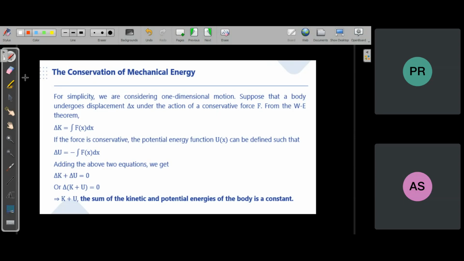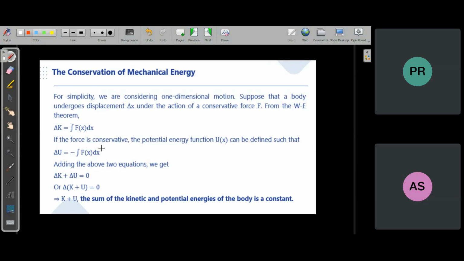That is what you have to understand first. It is conserved only in that situation in which conservative forces are doing work on the body, and there is no external force doing any work on the body, and no non-conservative force doing any work on the body or the system.